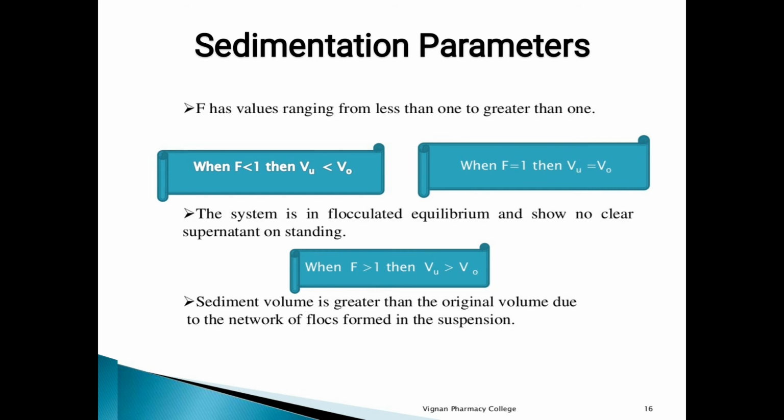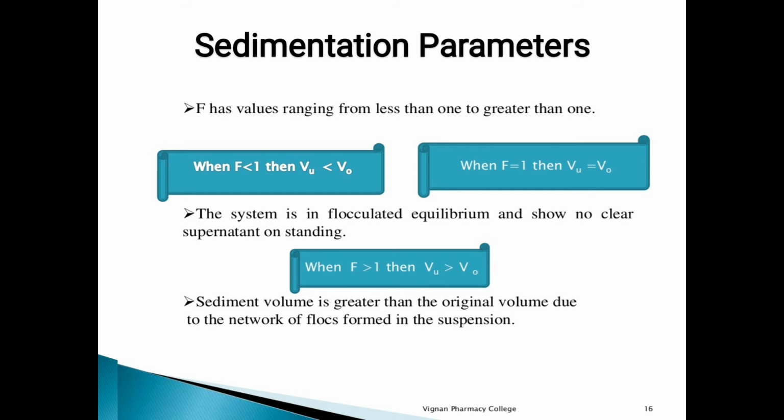Now what are the sedimentation parameters? F has a value ranging from less than 1 to greater than 1. If F is less than 1, then Vu is less than V0. If F is equal to 1, then Vu is equal to V0. The system is in flocculated equilibrium and shows no clear supernatant on standing.